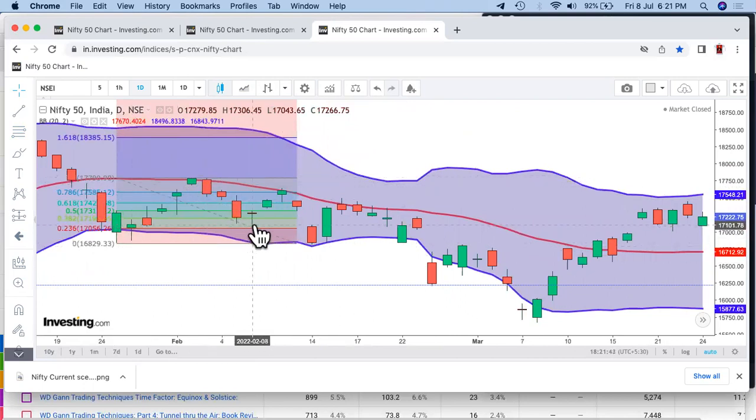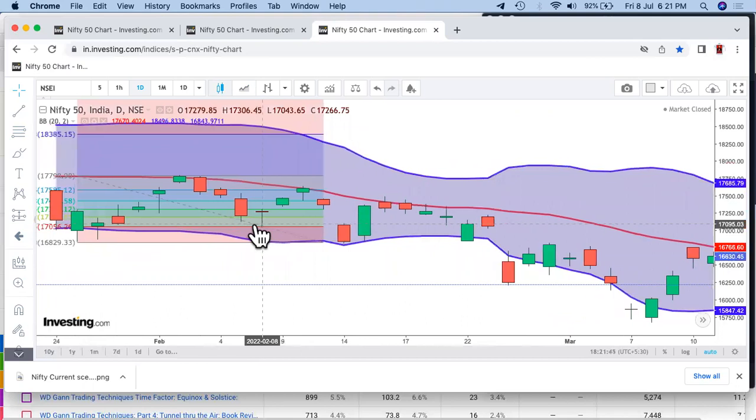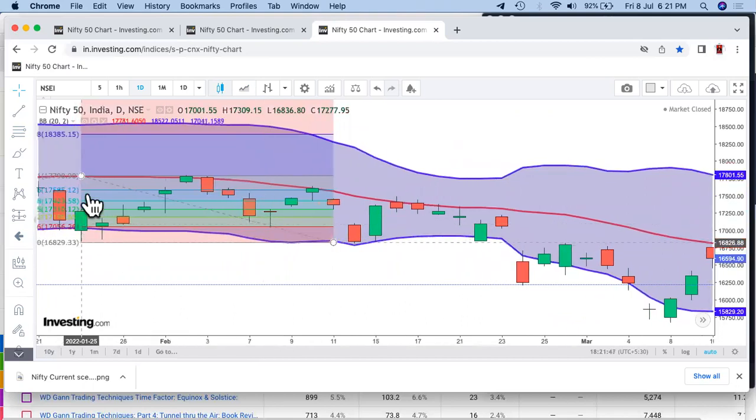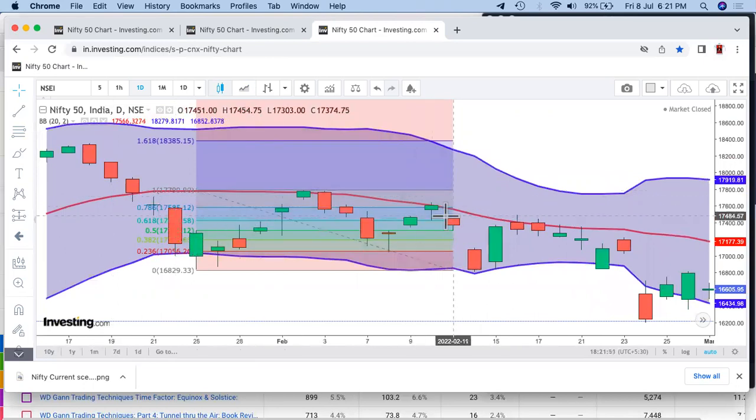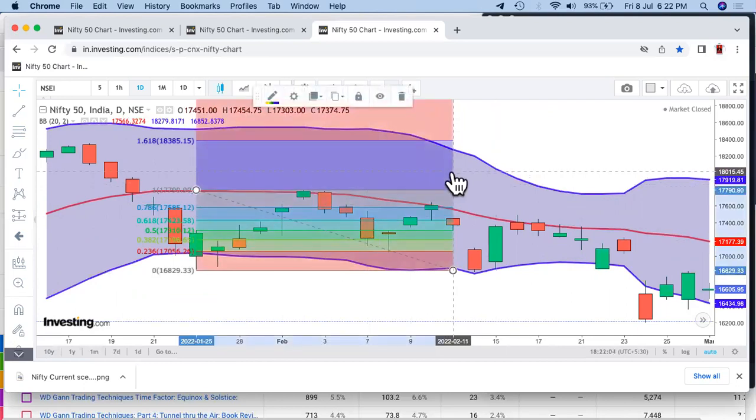Probably you can take a trade over here. But especially if you see, this was 0 level, this was 1 level, and the price did reverse somewhere around the 0.76 level. So here again, it gives you a signal that, okay, fine, you have to close. That's why Bollinger Band has to be used either with Fibonacci, RSI, or MACD, either of them, whatever is comfortable.